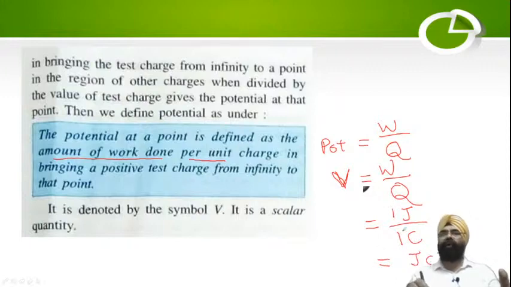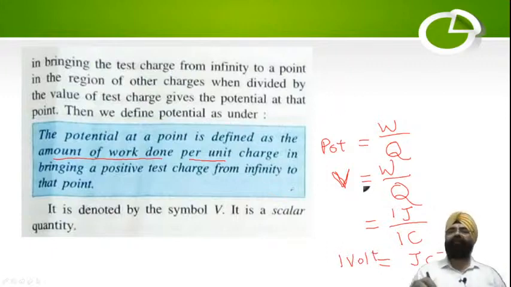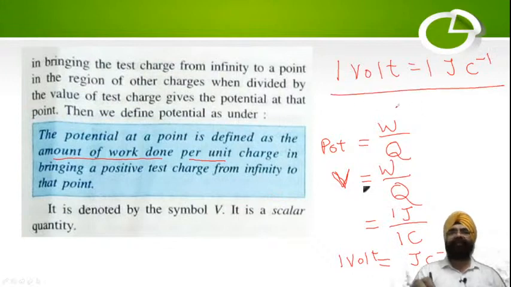In honor of Alessandro Volta, we have named it volt. So 1 volt is equal to 1 joule per coulomb, and that gives us the definition of 1 volt.